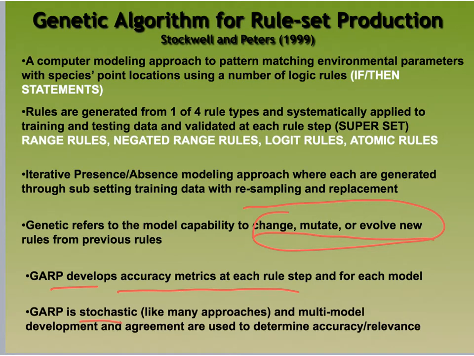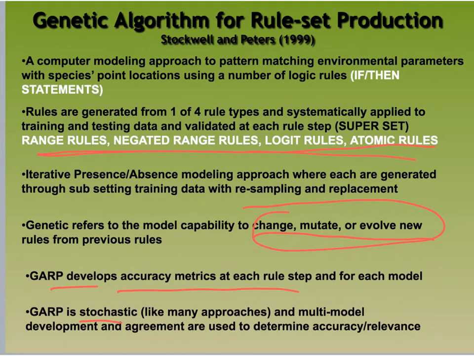And within that multi-modeling approach, we're creating multiple models, each with multiple rules, 50 rules, made up of a combination of these 4 rule types generated through a stochastic process. So a single GARP experiment contains X number of models, usually 100 or 200, and each of those models has 50 rules.